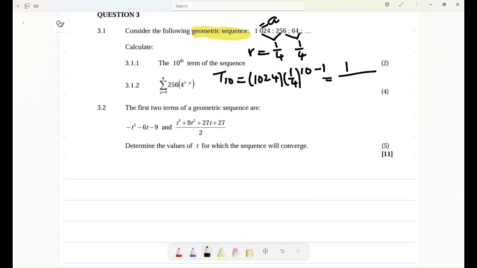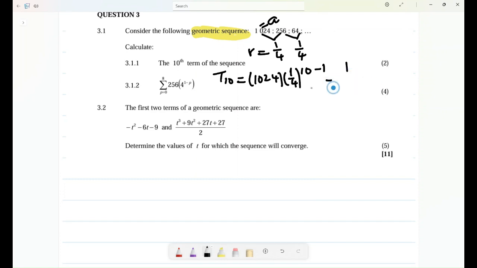Then how much do we get? We get a value of 1024 multiplied by 1 over 4 to the power of 9, which gives us the answer of 1 divided by 256. This was a fairly easy 2 marks.